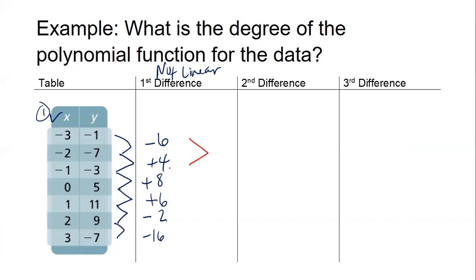How did I go from -6 to 4? Okay. How did I go from 4 to 8? How did I go from 8 to 6? How did I go from 6 to 2?